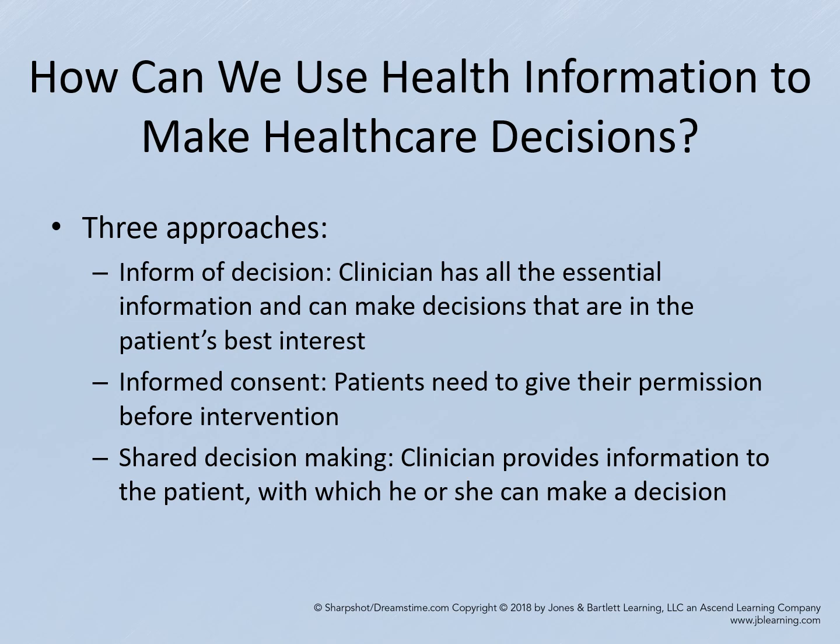That is informed decision. Another one is informed consent. Here patient needs to give their permission before intervention. That is informed consent. So here the patients are giving the permission or consent before major interventions such as surgery, radiations, or chemotherapy.